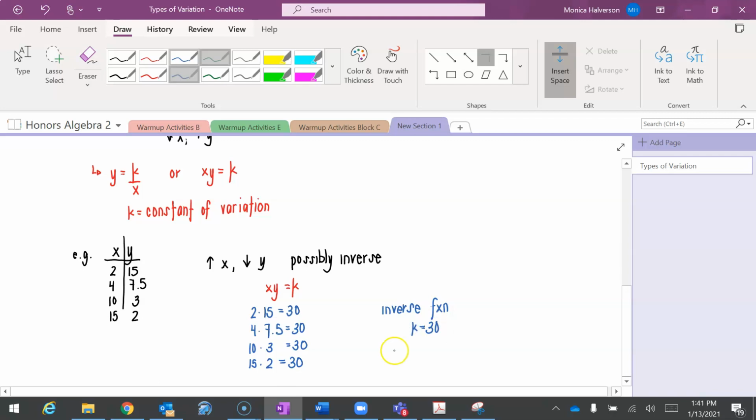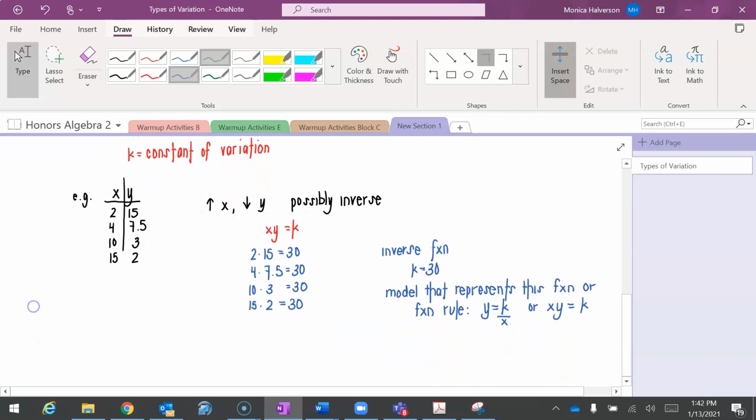So if you're asked to write the model that represents this function, or the function rule, we know it's y equals k over x, or xy equals k, because it's an inverse function, and we found k.